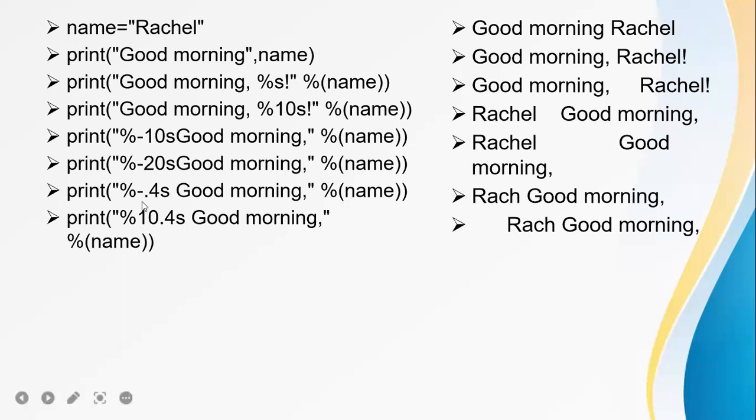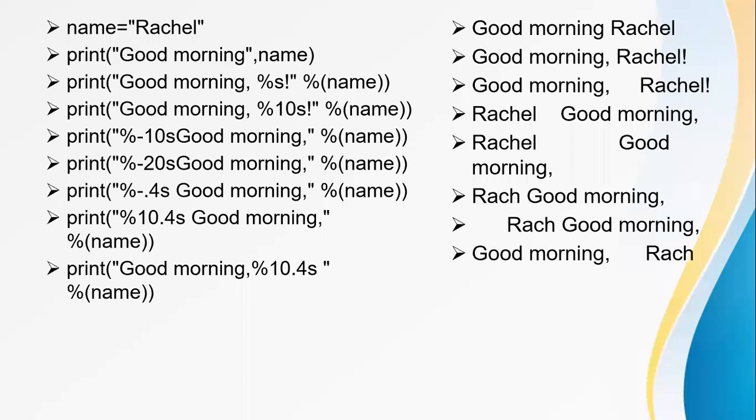So when I do .4, only the 4 characters are read. When I use 10.4s there, I use only 4 characters, but again, the space is formed between good morning and Rachel.